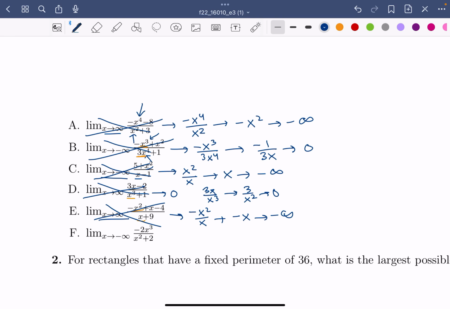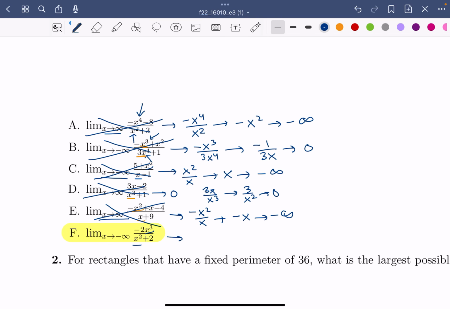And that leaves us with F. That means F must be the answer, but we will go ahead and evaluate this too. The limit as x approaches negative infinity of negative 2x cubed over x squared plus 2. The numerator's highest power is x cubed, and the denominator's highest power is x squared.